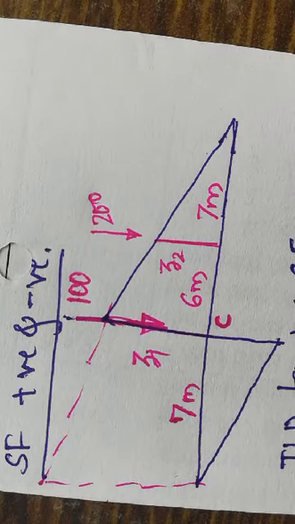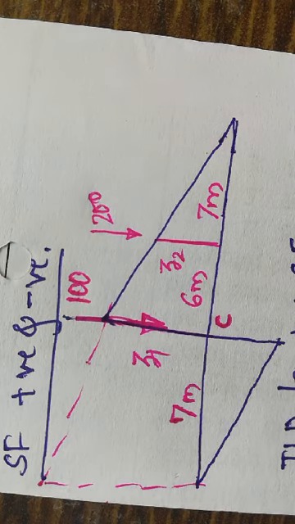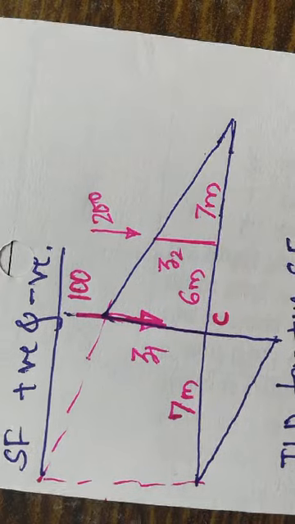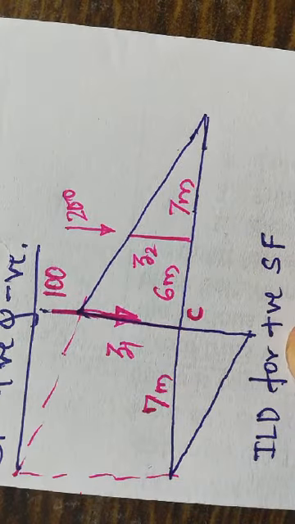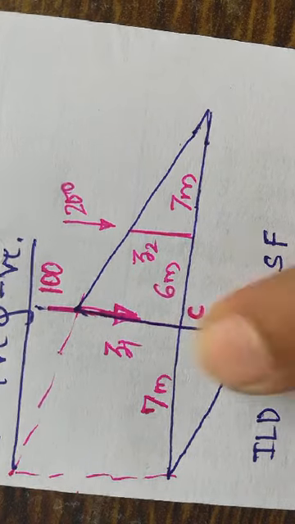Next we have to calculate the maximum positive shear force and maximum negative shear force at C. Let's start with positive shear force. I have drawn the influence line diagram for positive maximum shear force.